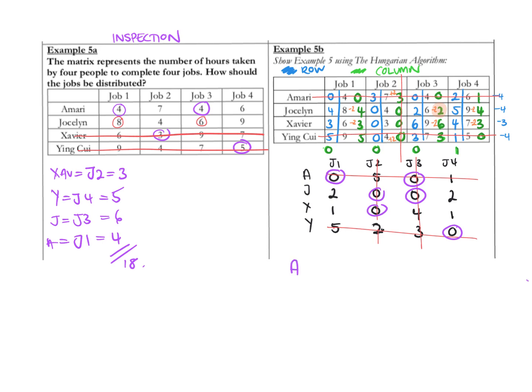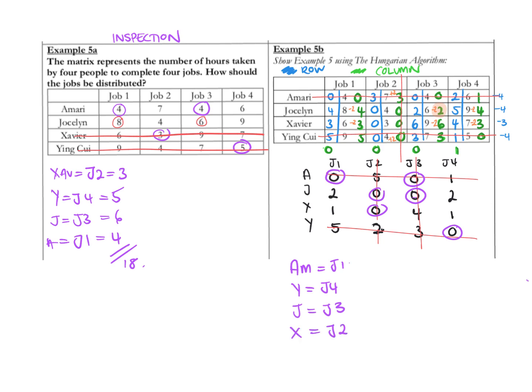We can see Amari, she's going to do what? Job 1, and I can see Ying Chu or whatever, he's going to do job 4. And then who else? Job 3 will have to go to Jocelyn because Amari's already done a job. And then what job am I missing? Job 2, and that's going to go to Xavier.